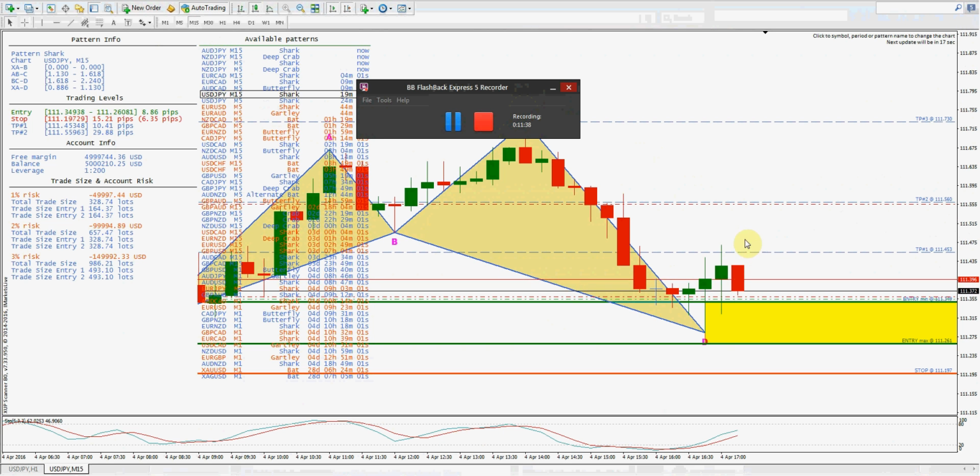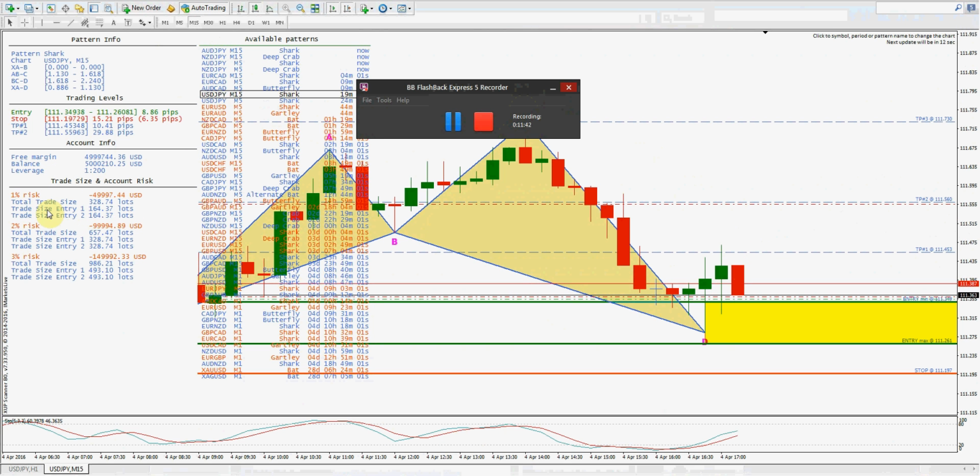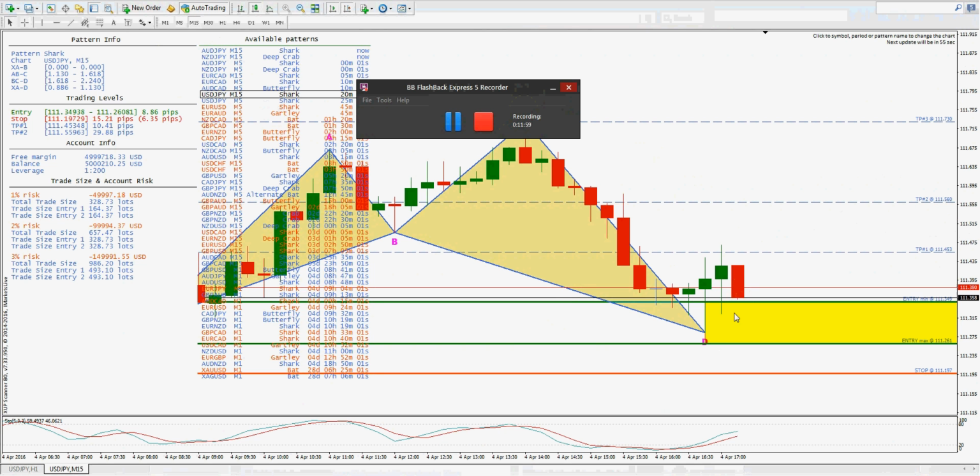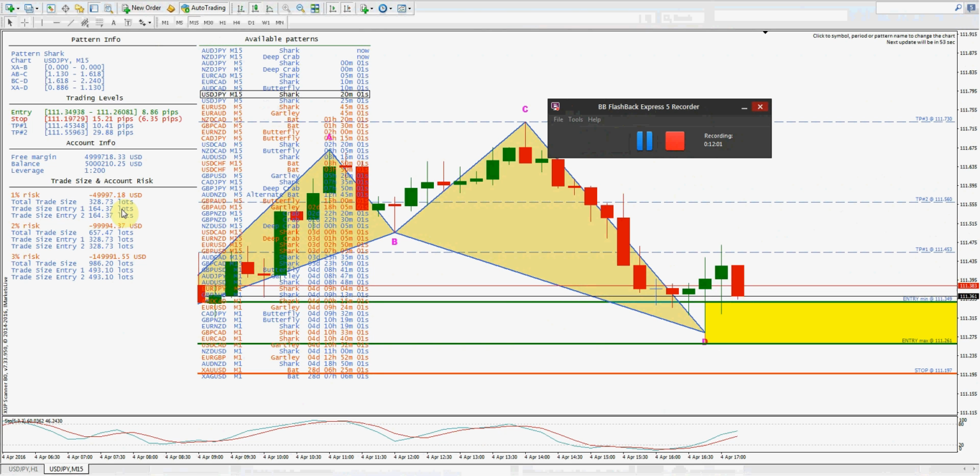Something else I noticed, I've never really paid too much attention to this over here. One moment. I just want to make sure I see this when it happens. All right, there it is. But over here, as you guys can see, trade size and account risk.